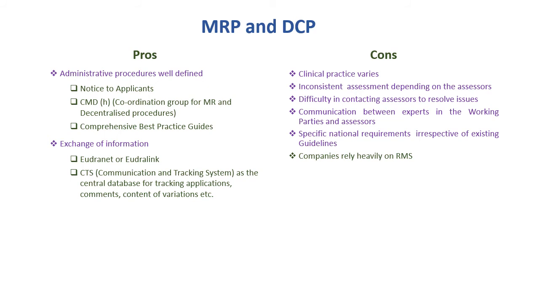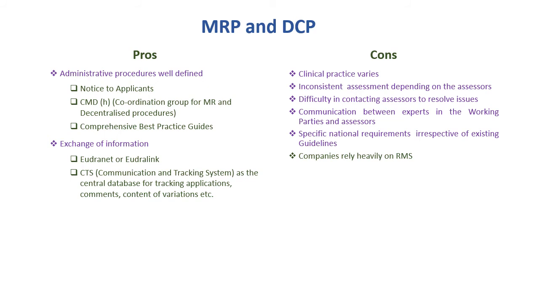So it's well defined. Another pro is exchange of information. There is Eudranet or Eudralink which has all the information for all the MRPs and DCPs, which you can follow when you are applying for MRP and DCP.